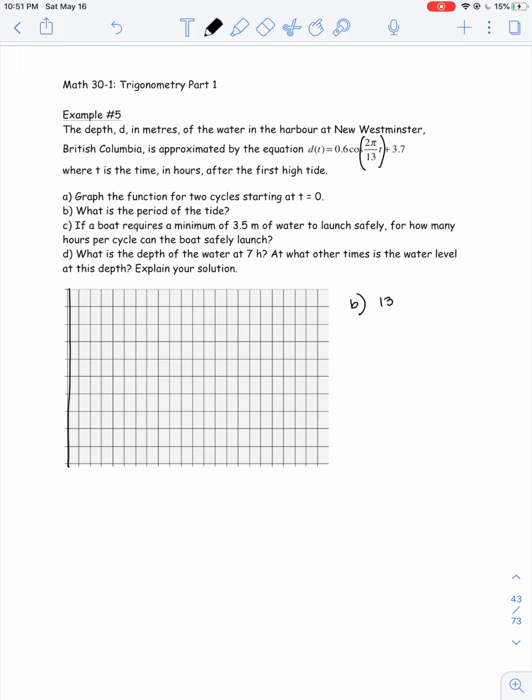In this case it's in hours, so it should be 13 hours, because we're looking at 2 pi over 13 as your b value. And in your b value, the bottom number is your period if it's in fraction form. So that's a little hint to you. So it's 13 hours. So I'm doubling that if I want to see 2 cycles. So I'm going to go up to 26.